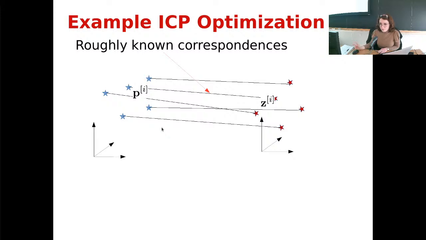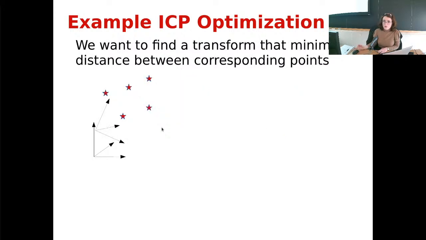Assuming that the correspondences between these 2 sets of points are roughly known, then we can solve the problem of finding the transformation that minimizes the distance between corresponding points. In particular, we want to transform the points in the world frame in such a way that we minimize the distance with the measurements that are points in the robot frame.